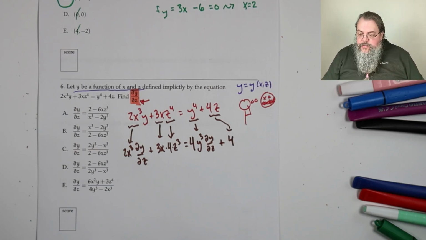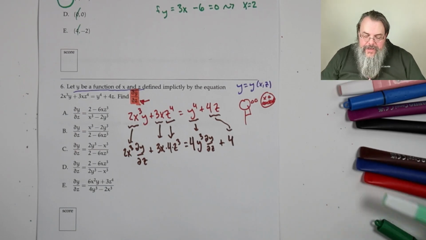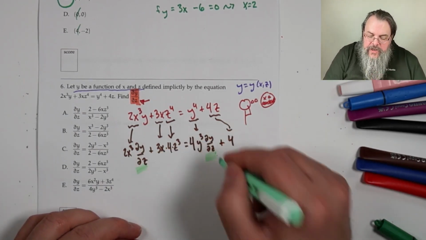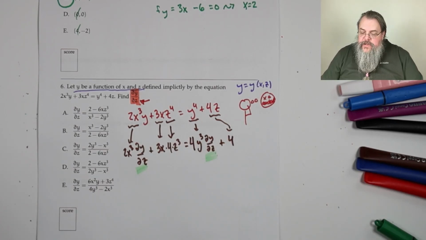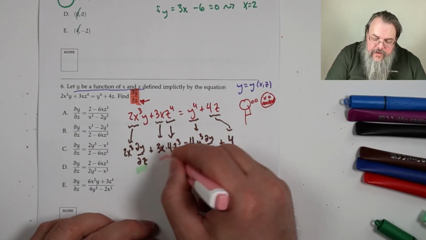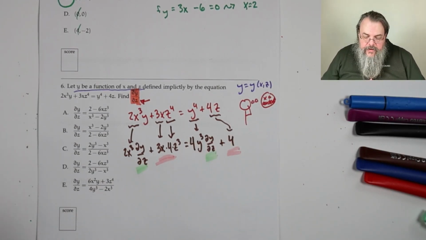Now we switch into sort of more of our hunter-gatherer type mode. We say, hey, things with a partial y, partial z, they're going to go together, and then things without a partial y, partial z, those are going to go together. So we say, okay, cool. And so let's move things around.